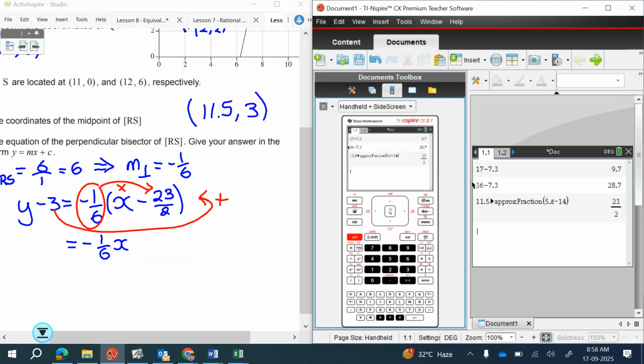So, pull up my fraction tool. I've got negative 1 over 6 multiplied by negative 23 over 2, and then I'm going to add 3.